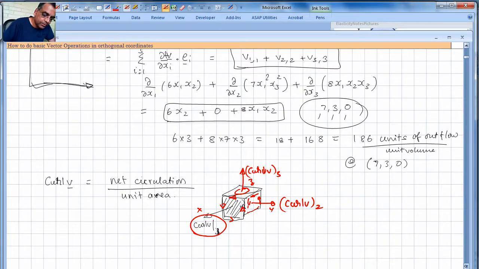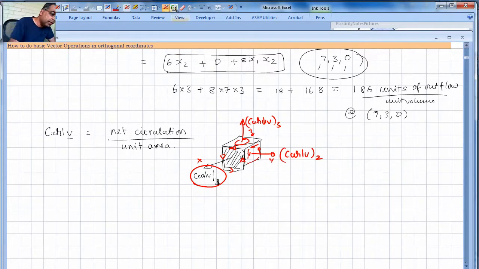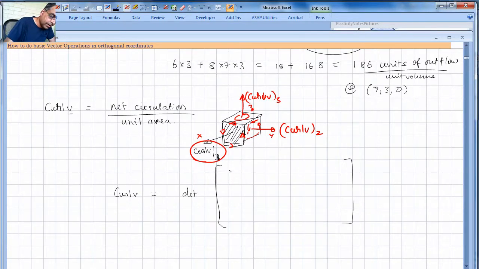How do we compute it? I'm not going to write all the steps, but I'm just going to show you how to do it, because that's really what we are after, curl of V. So what we're going to do is write it as the determinant of the following matrix: I, J, K, partial with respect to x1, partial with respect to x2, partial with respect to x3, V1, V2, V3.